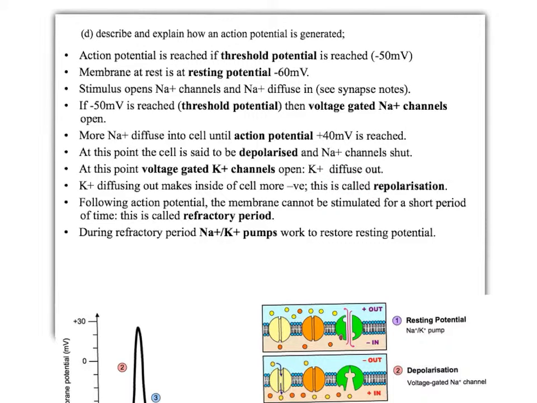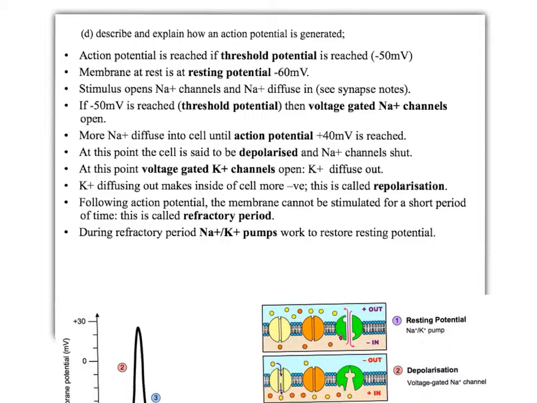That movement of positive charge out of the cell causes the cell surface membrane to be repolarized, i.e. for it to start to reach resting potential again. That's known as repolarization, and it's because of the movement of positive charge out of the cell due to these potassium ions moving out.